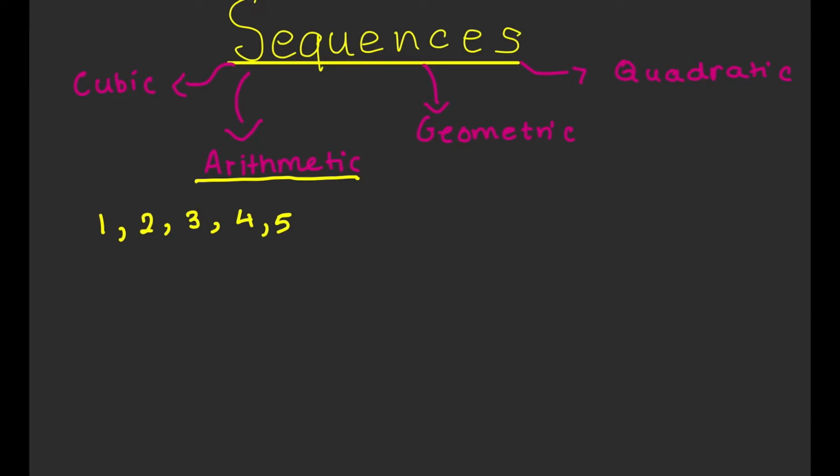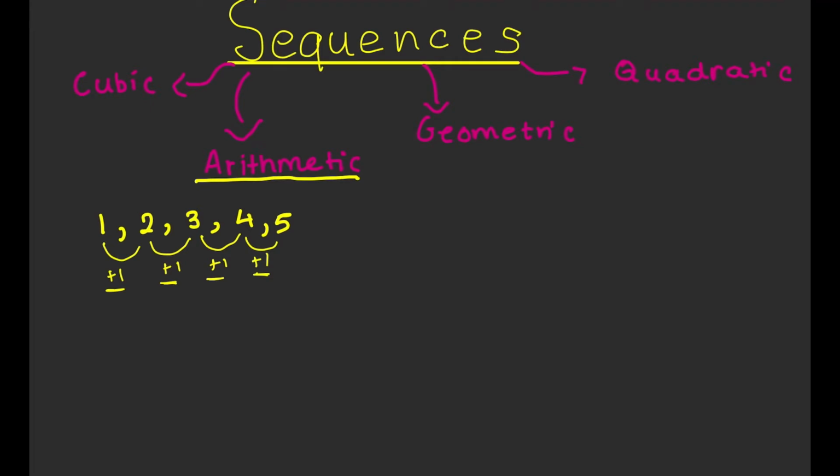Now let's look at the gaps in between. To get from 1 to 2, it's plus 1. To get from 2 to 3, it's plus 1 again. 3 to 4 plus 1 as well, and 4 to 5 plus 1. Now this is a constant common difference. This is the main feature that arithmetic sequences need to have in order to be called arithmetic.